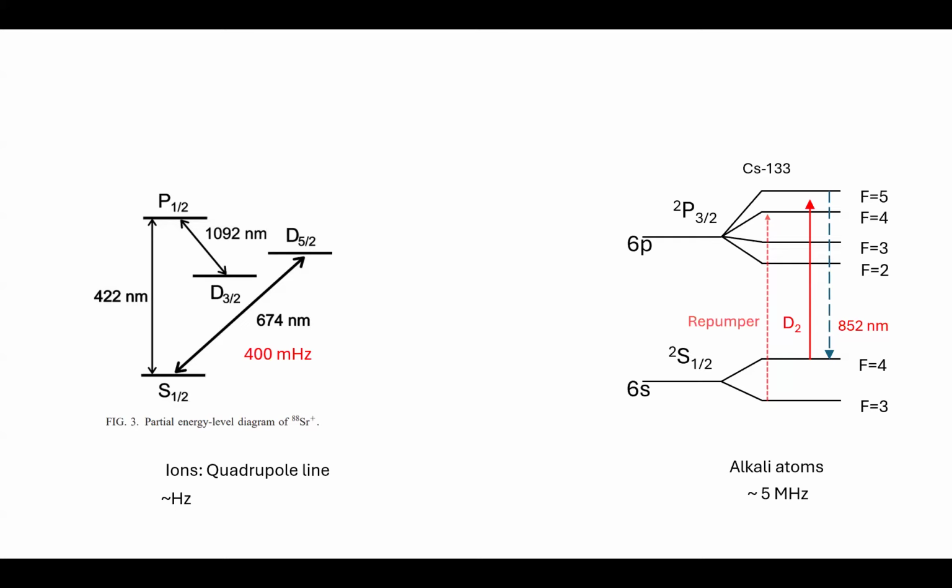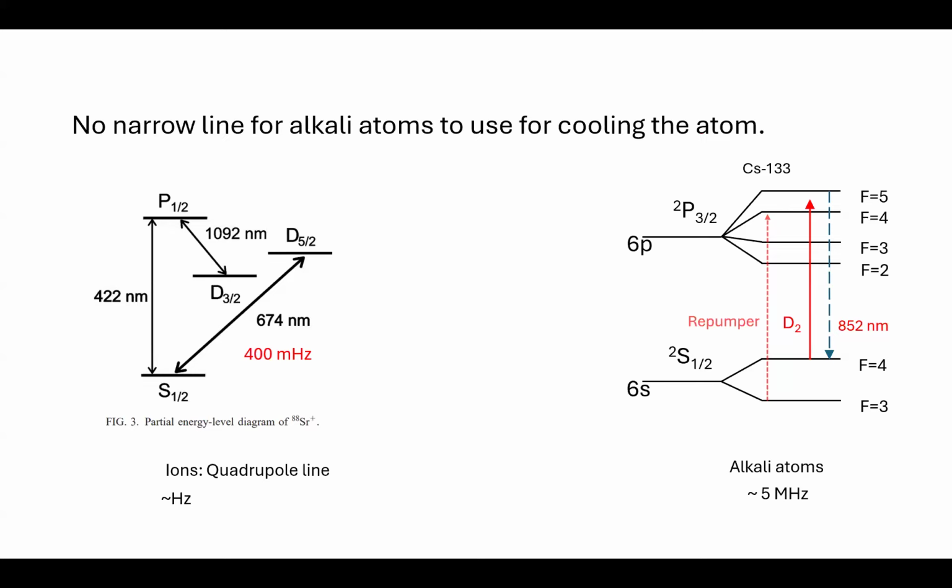That's why they are the simplest to understand, but you don't get narrow lines in them. So if you can get the best of both worlds, that's why people were searching for narrow lines in alkali atoms, and we found one. Currently, no one is using a narrow line for alkali atoms at all.